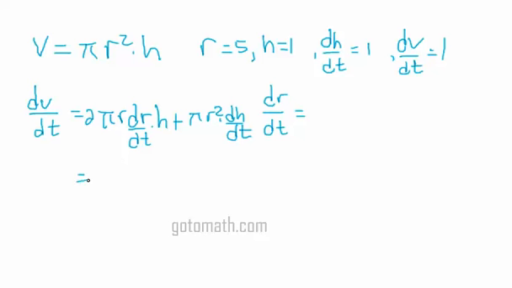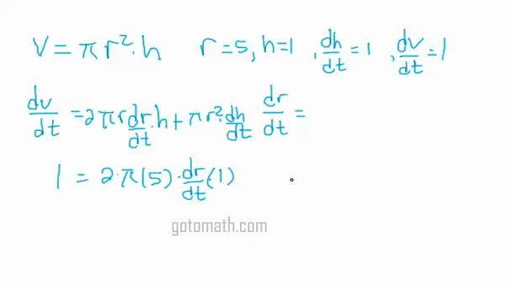Now what we want to do is go ahead and just plug in all our numbers here. So dv over dt, which happens to be 1, and then we have 2 pi, I'll put a parentheses around this, we have a 5 there, right? dr over dt, and that's actually what we want to find, dr over dt, and then h is 1.